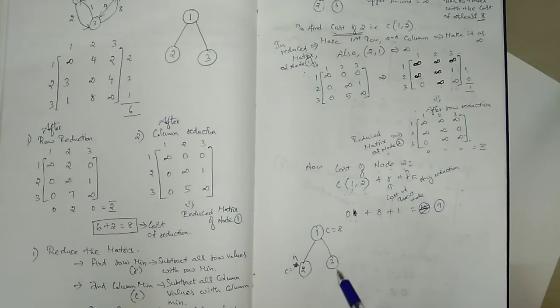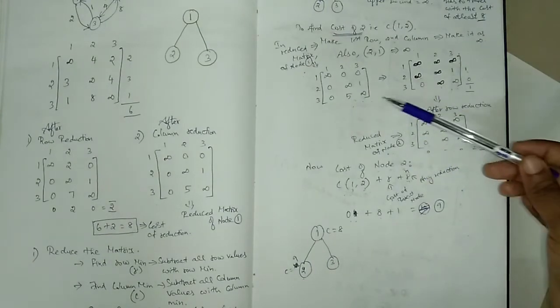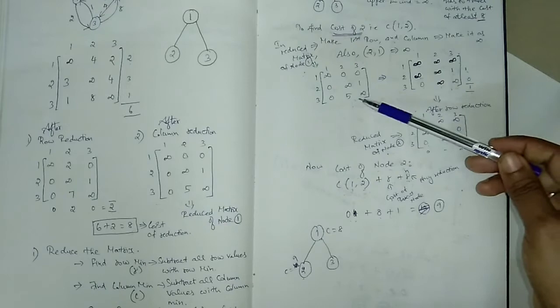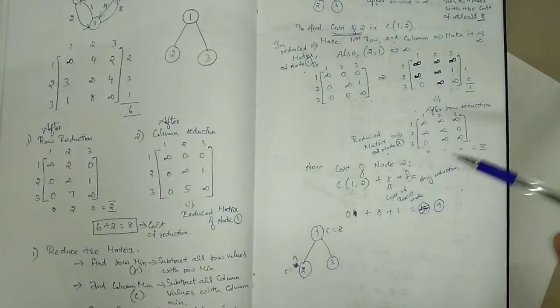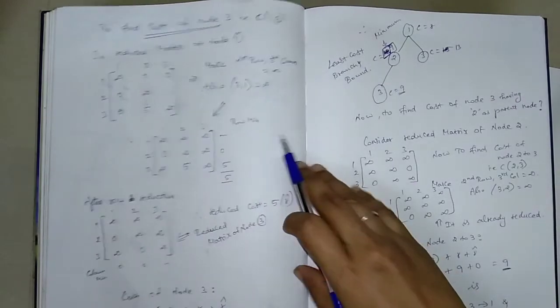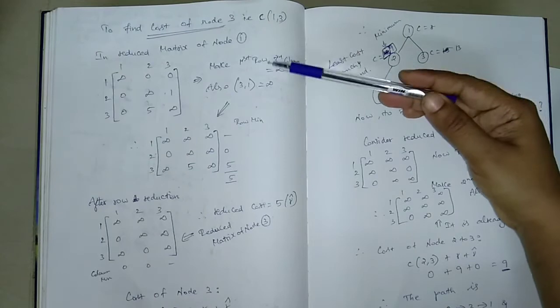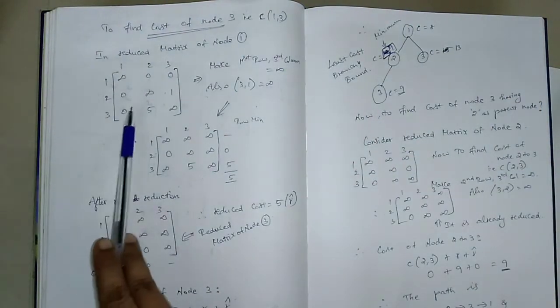Similarly, we have to find the cost of node 3 having 1 as the parent node. So here again we take the reduced matrix of node 1 as the input, and from that matrix we have to reduce the matrix to calculate the cost of node 3. So to find the cost of node 3, C of 1 comma 3, I am considering the reduced matrix of node 1.